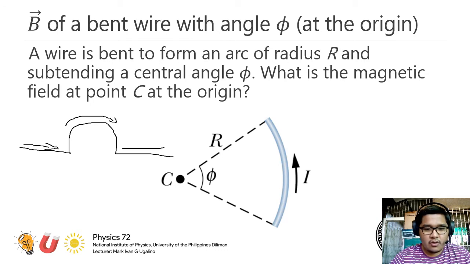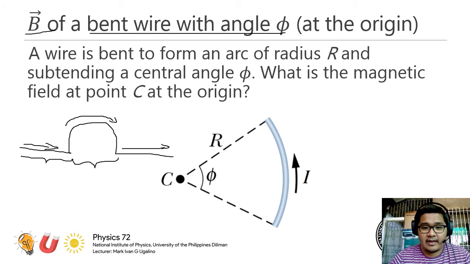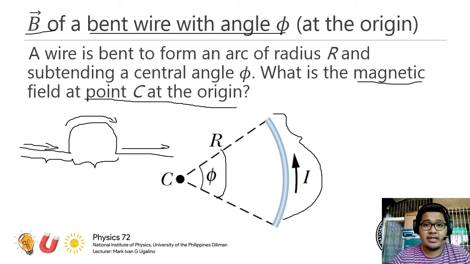So you can see, you have a straight segment and a circular segment which is not actually closed. We must be able to obtain the magnetic field due to a bent wire with an angle phi, where phi is this angle that subtends this length. Now we ask, what is the magnetic field at point C at the origin?